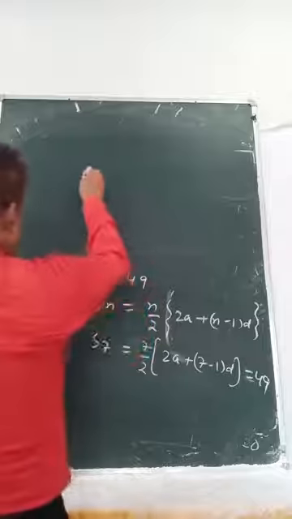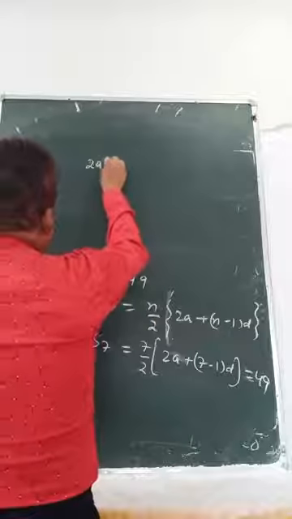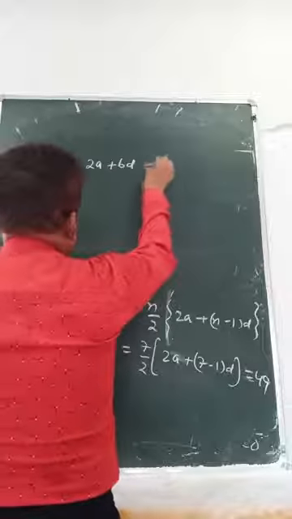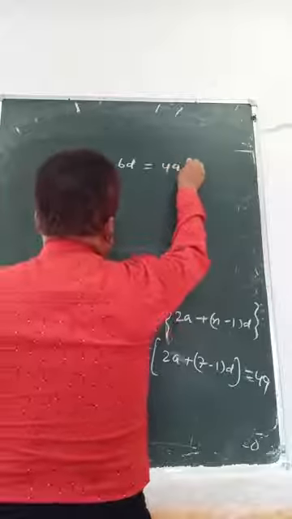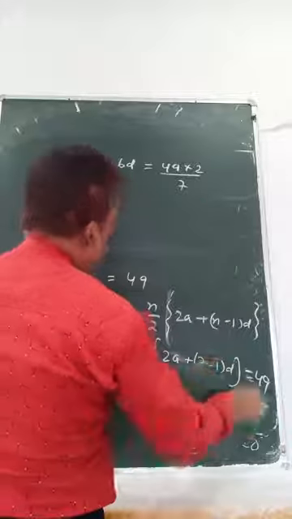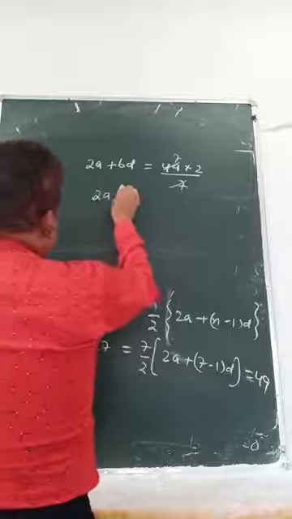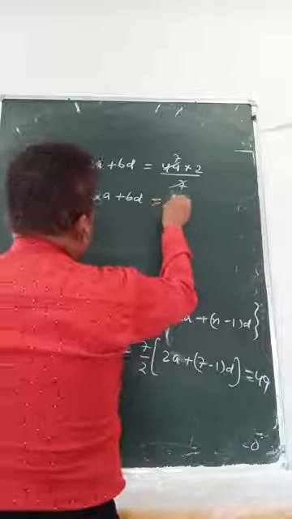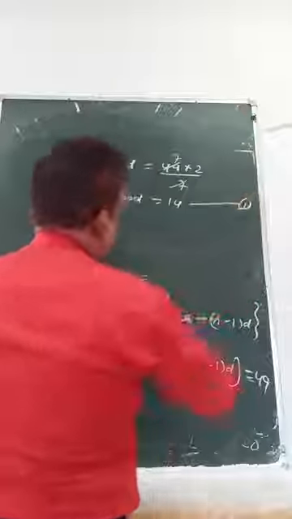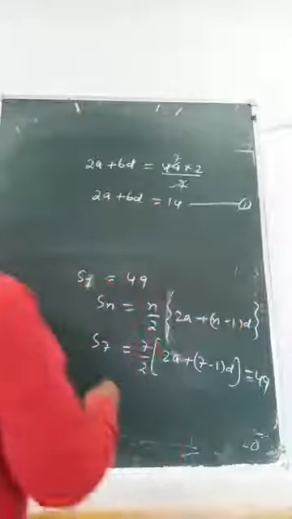Then this will go that side. 2a plus 6d is 49 into 2 by 7. 2 will go up, 7 will go down. So 2a plus 6d equals 14. First equation.